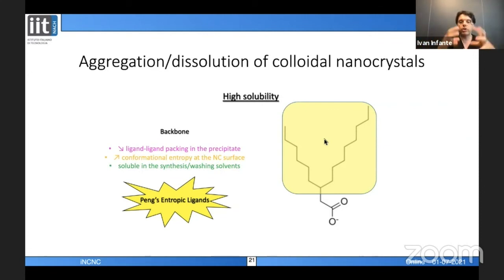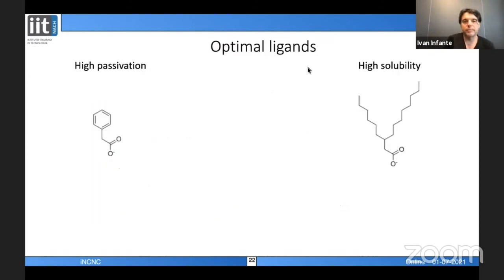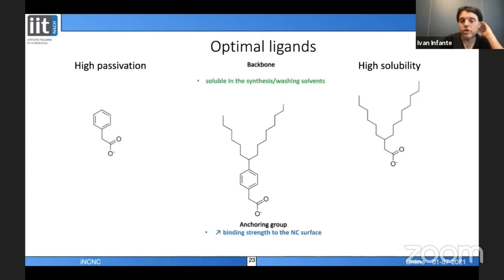If you put these two together, then in the design of optimal ligands, you can have ligands that favor binding, so they favor the ligands moving on the surface, but at the same time you need to branch this ligand to prevent aggregation, because this ligand alone maybe also helps in aggregating, since maybe it does pi-pi stacking between ligands coming from different nanocrystals. So then what you may do is design a ligand like this.